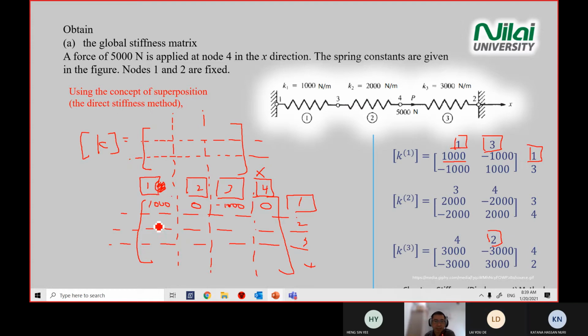Okay. Now solve for this location. 1 and 2. Find 1 and 2. Can you find it?